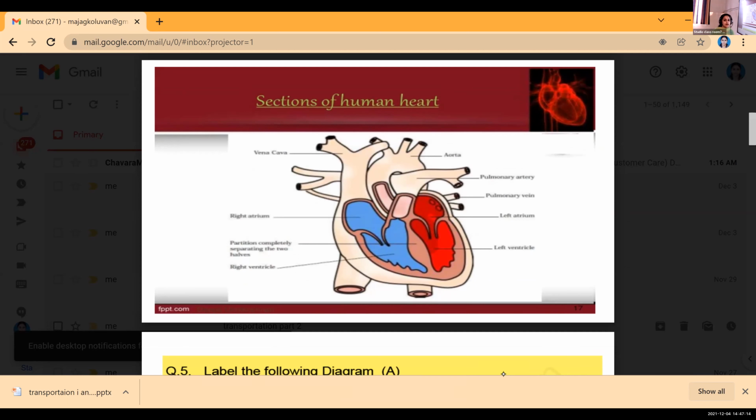These muscles are able to relax and contract. This rhythmic contraction and rhythmic relaxation constitute our heartbeat.